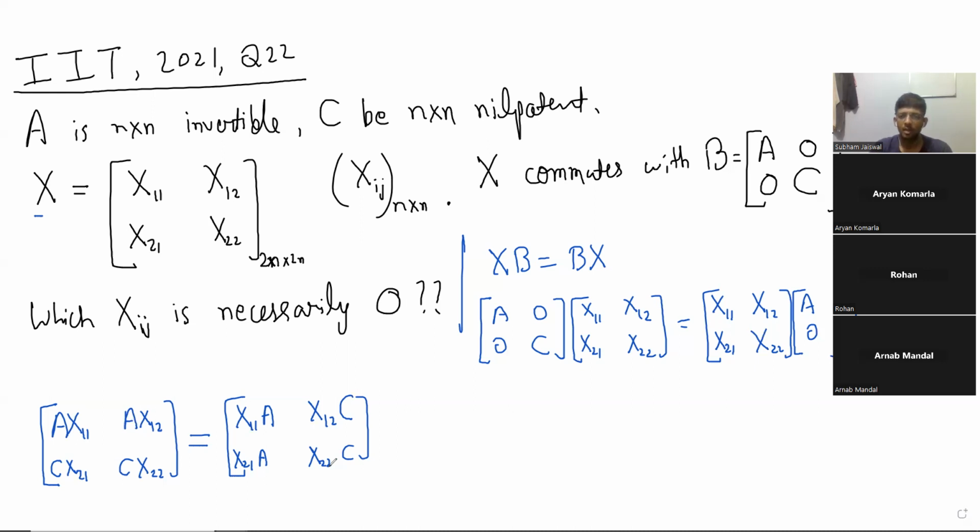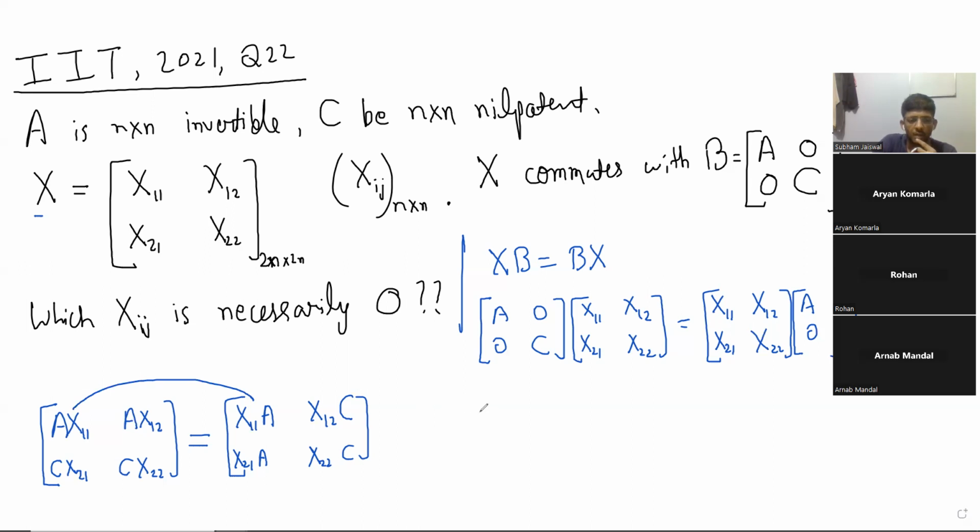Can you tell? Because if X commutes with B, we can clearly see that we got x11A, x12C, and x21A and x22C, that will be equal to the previous one only if A and C are 0. Which ones? X11A and these two, this has to be equal to this.